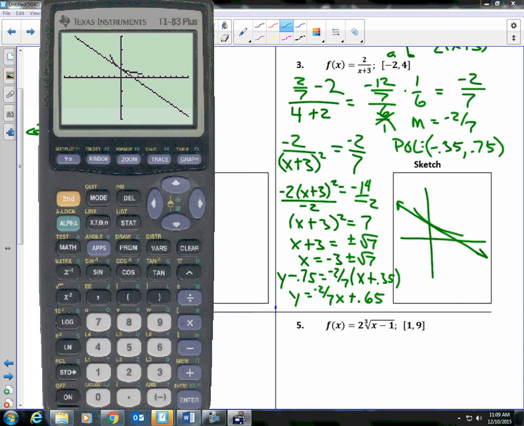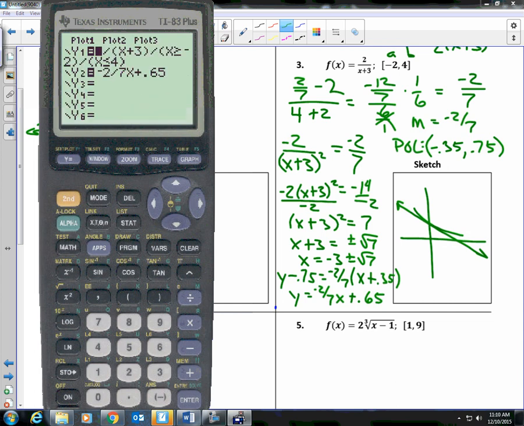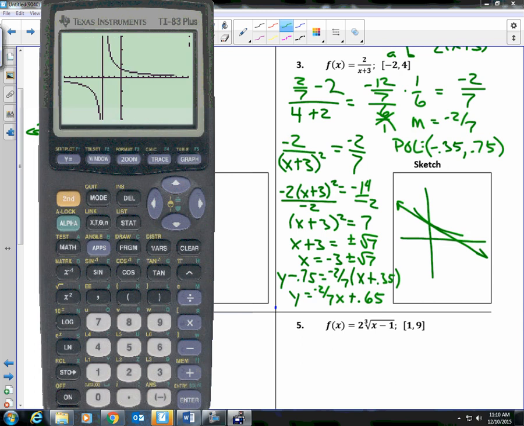Now, one more thing that nobody brought up that I want you to see: if you take 2 divided by the quantity x plus 3, and I'm going to graph that for all numbers, there's one more piece I want you to see there, okay? True or false? The derivative of that graph is always negative. True.